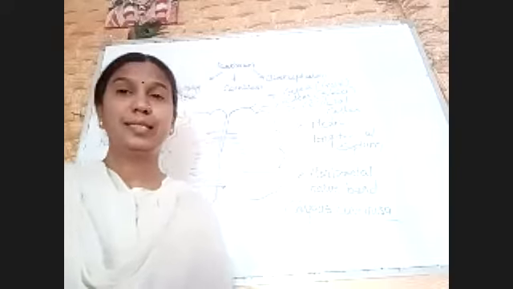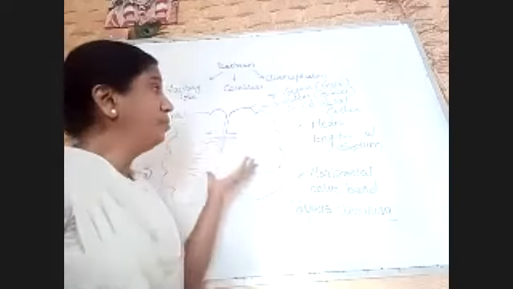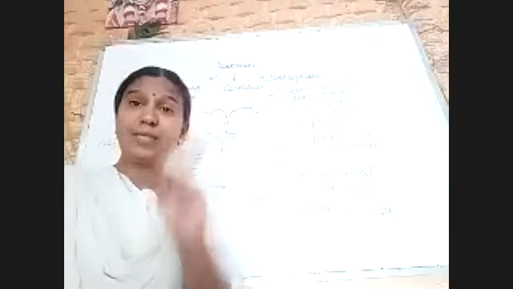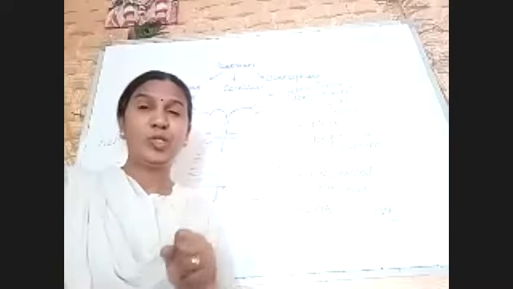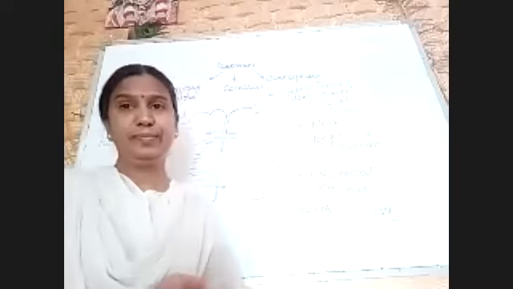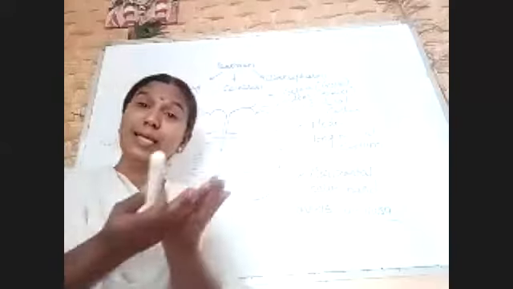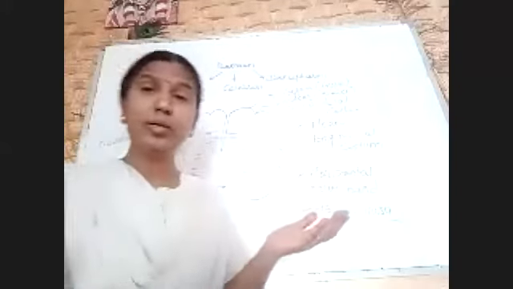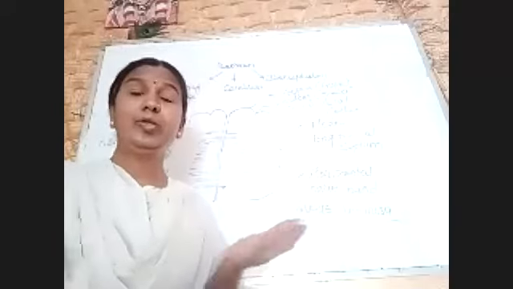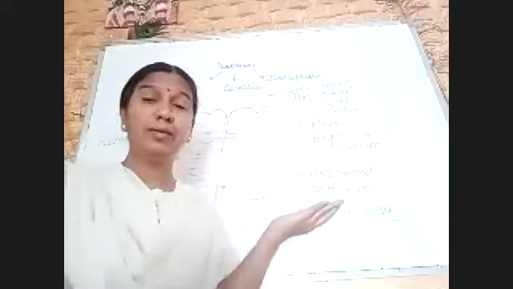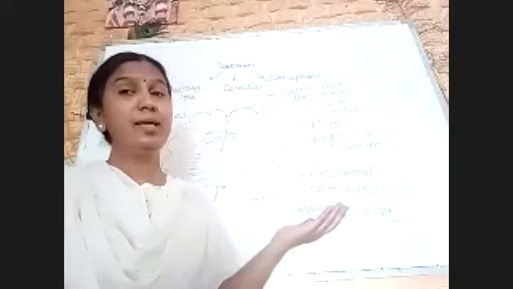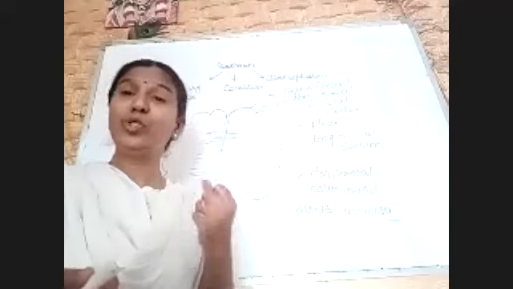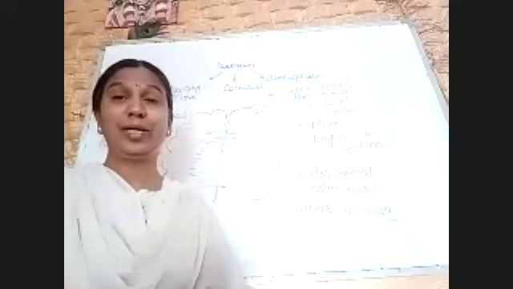That means we can say that if a brain has many sulci and gyri, its grasping and memorization will be more, because it will increase the surface area. If there are many elevations and depressions, the surface area will be more. As the surface area is more, definitely grasping, memorization and thinking will be more.